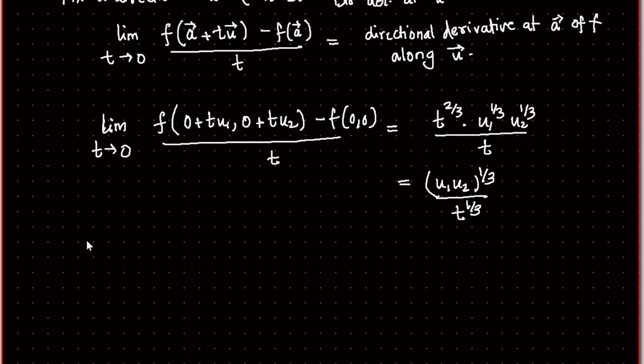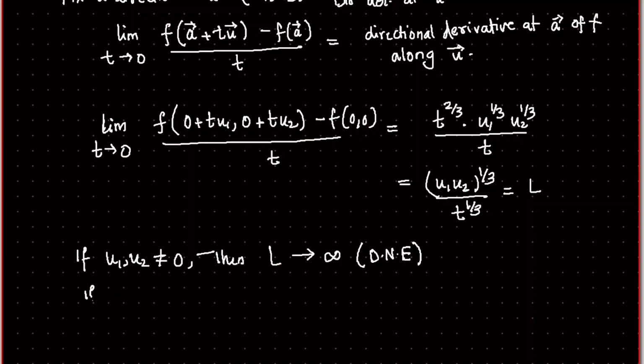Unless, okay, so let me just write it down. If u1 and u2 are both non-zero, then this limit, let me call it L, tends to infinity, or you can say does not exist.